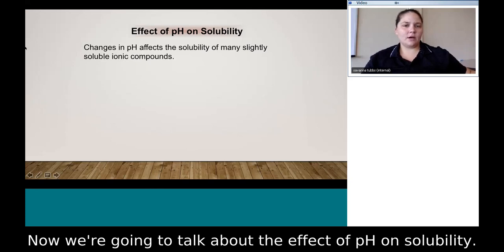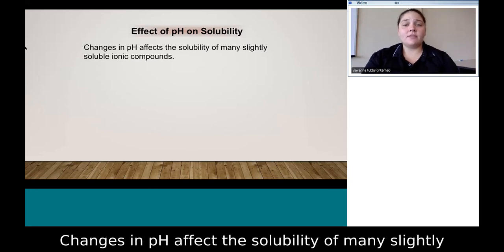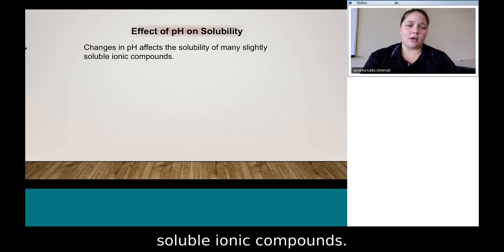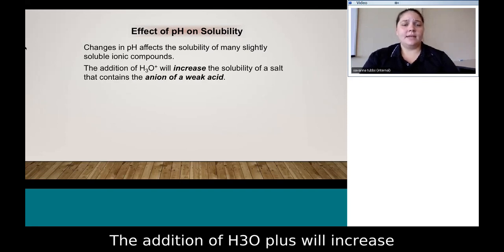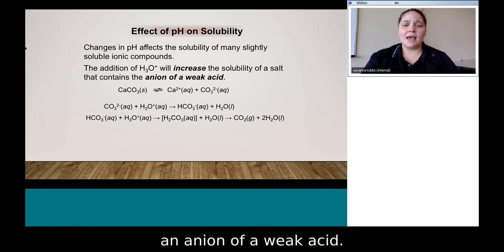Now we're going to talk about the effect of pH on solubility. Changes in pH affect the solubility of many slightly soluble ionic compounds. The addition of H3O+ will increase the solubility of a salt that contains an anion of a weak acid.